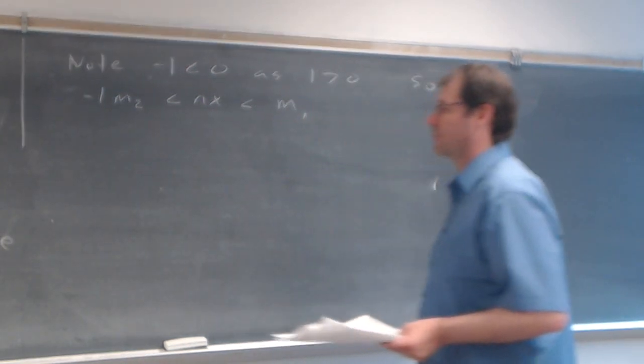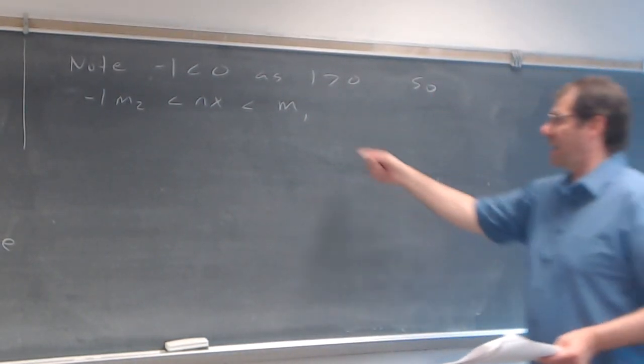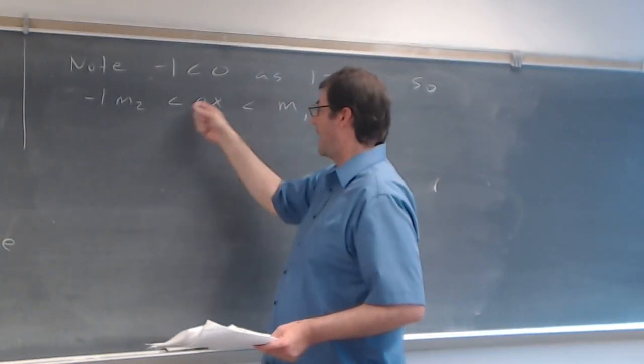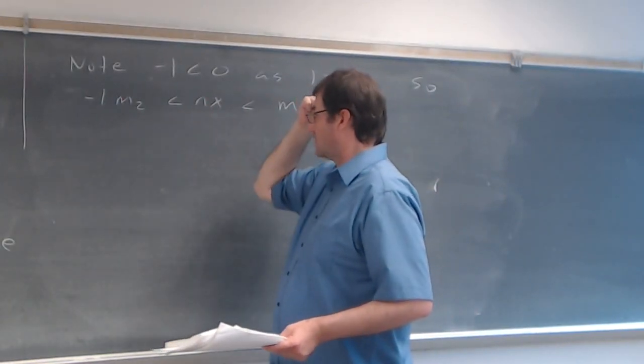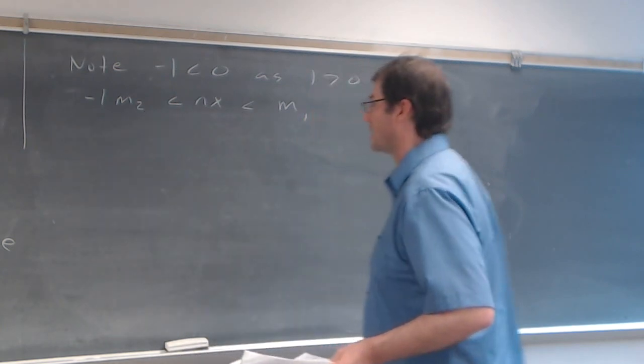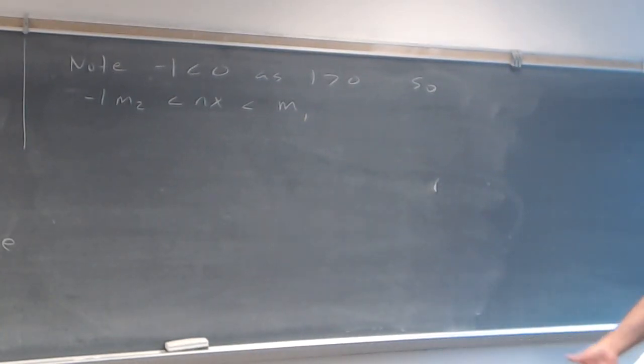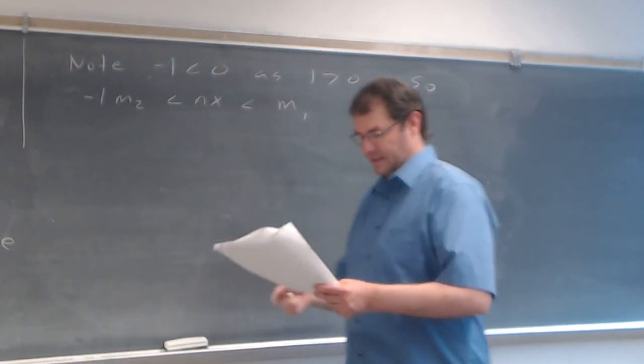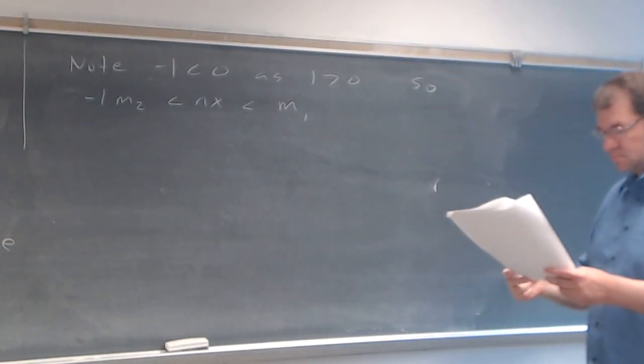So that's what we get from the inequalities we had before. We had M1 was bigger than nx. We had minus nx was less than M2. So I multiplied everything by minus 1 on that second inequality. I had to switch the signs. Okay.